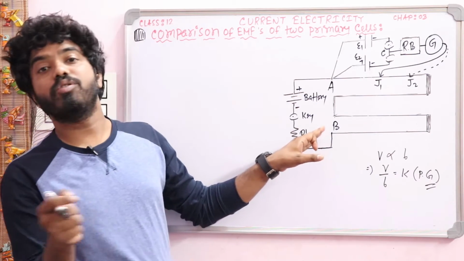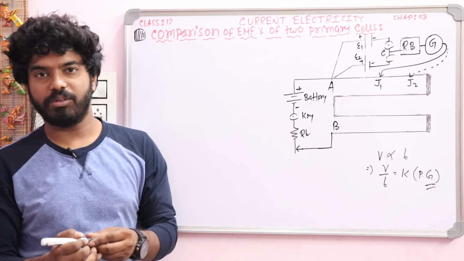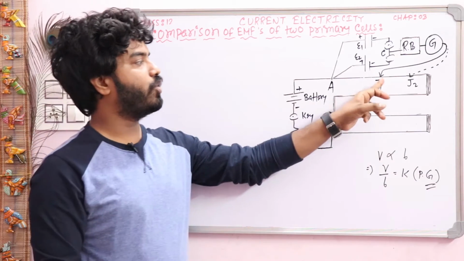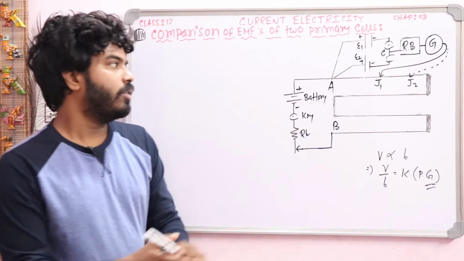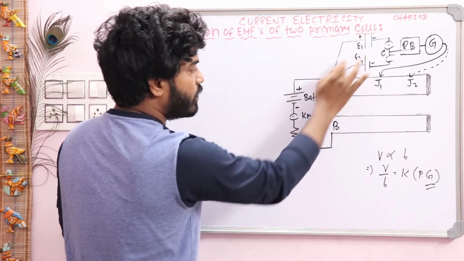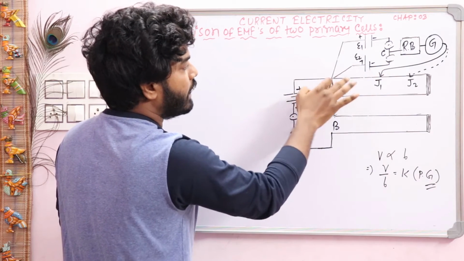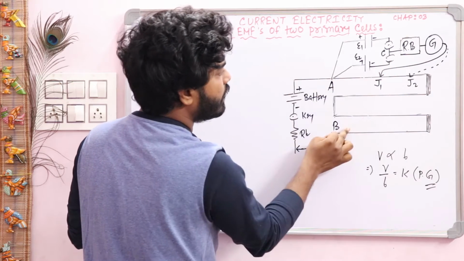Now you have to find out the null point by moving this jockey from A to B. So when you connect this key, cell C1 is connected through this circuit, and then you have to find out the null point between A and B.